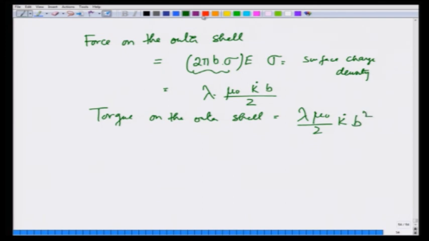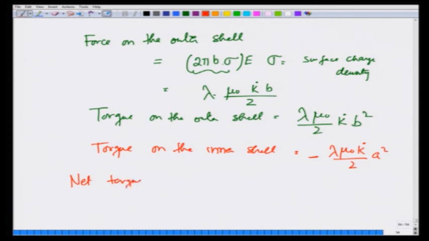In the similar manner, we can calculate torque on the inner shell, and it will be lambda mu 0 k dot over 2 a square with a minus sign, and therefore, the net torque on the system is going to be lambda mu 0 over 2 k dot (b square minus a square).